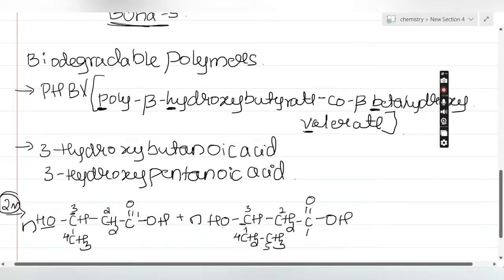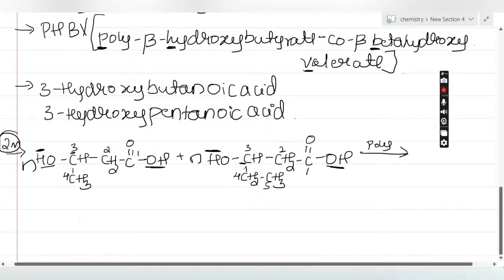At the third carbon atom we have an OH group. So this is condensation polymerization. When this is polymerized, you have to notice that from here H and this OH together eliminate as H2O, and similarly here also H and this OH both eliminate as H2O, and for the remaining we have to write the product, that is the structure of PHBV.